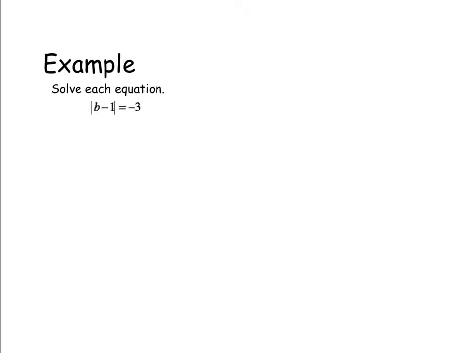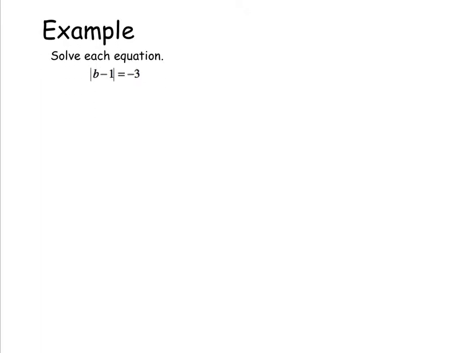Okay, I'll do this one again. I do. Let's look at this problem. This one says absolute value of b minus 1 equals negative 3. Well, what did we talk about the absolute value being? Can absolute value ever be negative? No, because absolute value is distance, and distance can never be negative.